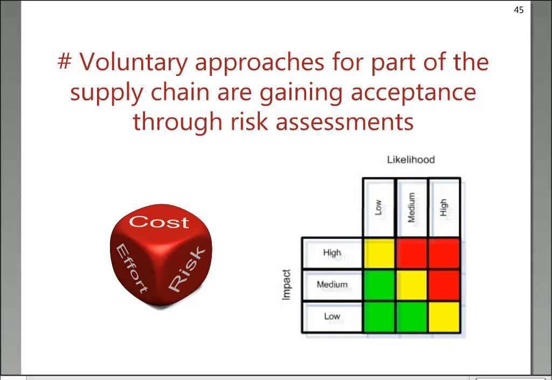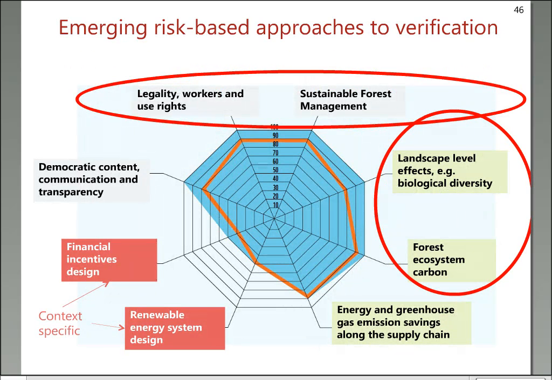And what's the likelihood that a certain event will happen? Is it low, medium, or high? And depending on that, you could say that you have a high or a severe risk. And these risk assessments try to assess if there's a high risk or a low risk. And if there's a low risk, less governance is put in place compared to high-risk issues.